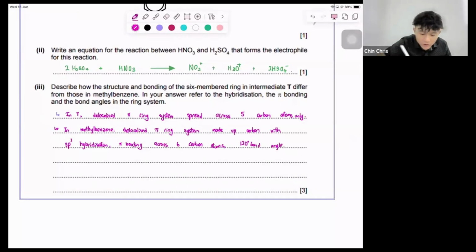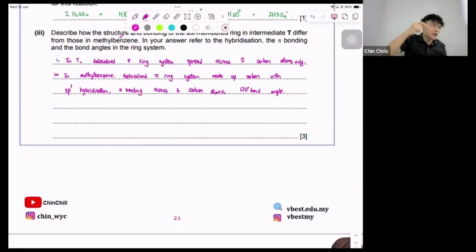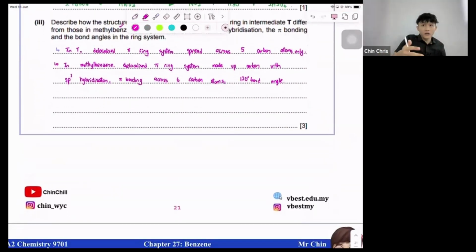So guys, I've done talking about methylbenzene. Next, let's talk about your intermediate T. In intermediate T, there's 1 carbon. This carbon, what is it? What hybridized again? sp3 hybridized, tetrahedral 109.5. Okay, am I right?